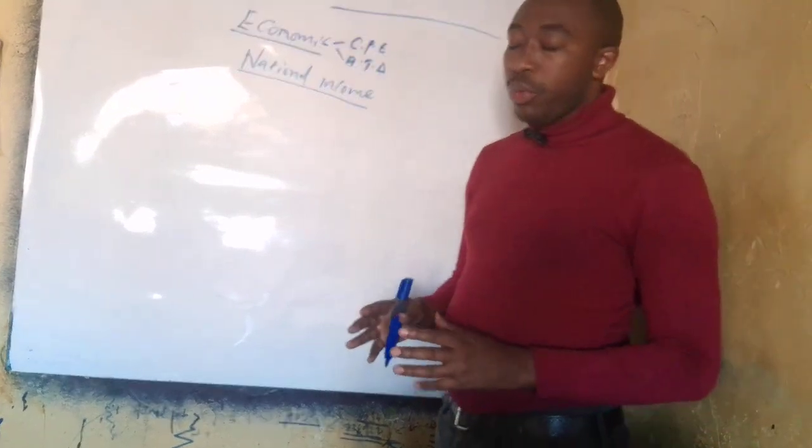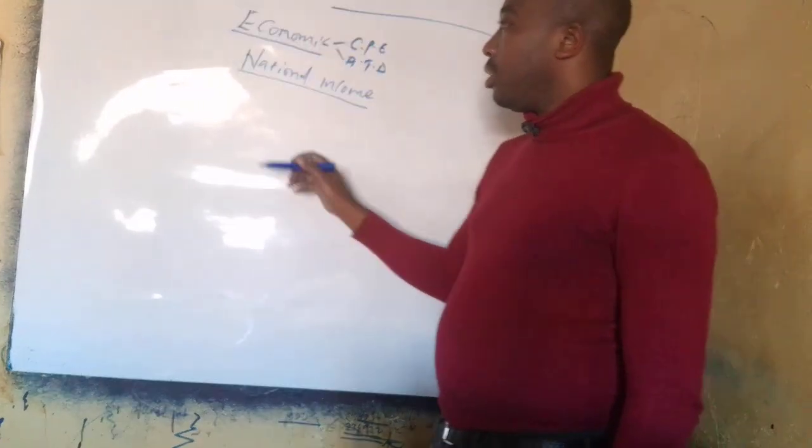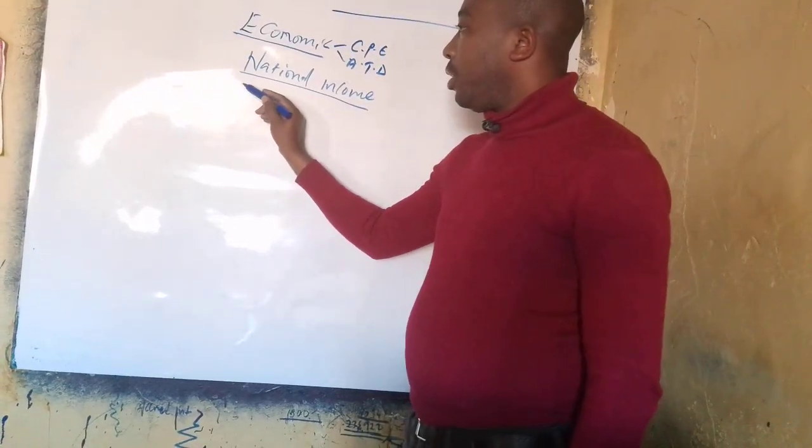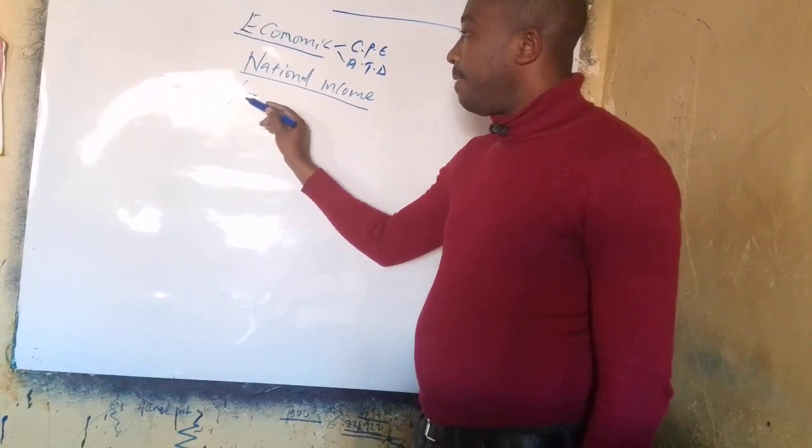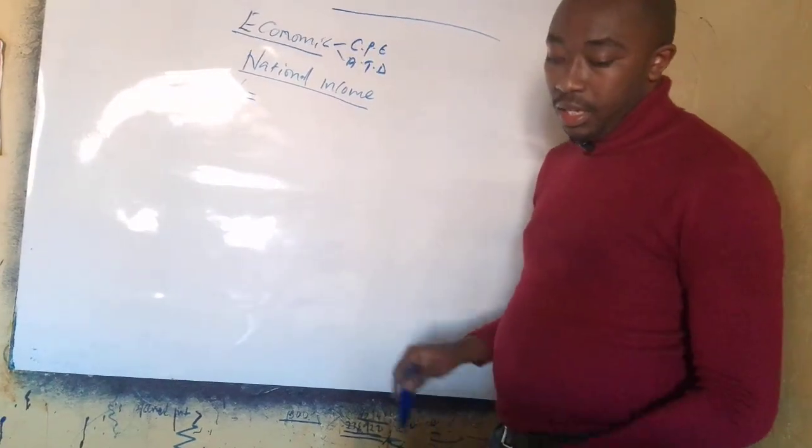And before then, we know the equation for equilibrium national income is given by Y. Y represents the income.